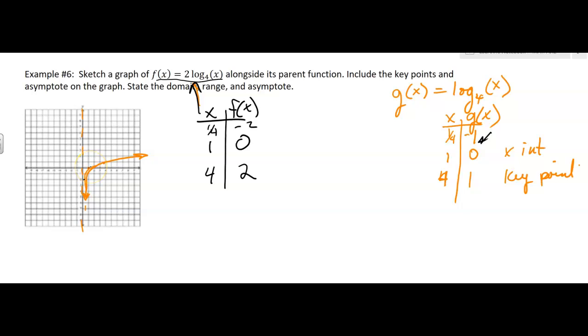Then it's going to go through the point 1, 0, same x-intercept, and then it's going to go above. So I should have 4, 2 up here. 4, 2. I can't get it to draw. Well, it's going to draw. There it is.